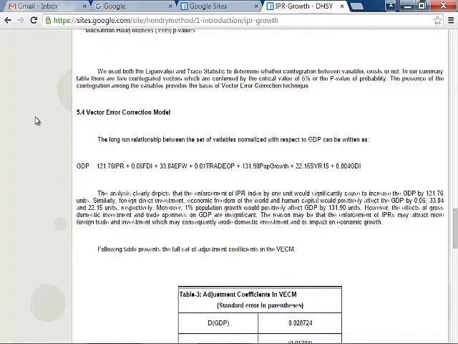In one of my papers, I collected 15 or 16 papers written on export-led growth. Some people say yes, exports cause growth. Some say no, growth causes exports. Some say there is bidirectional causality, and some say there is no relation. You can find published papers on all four.